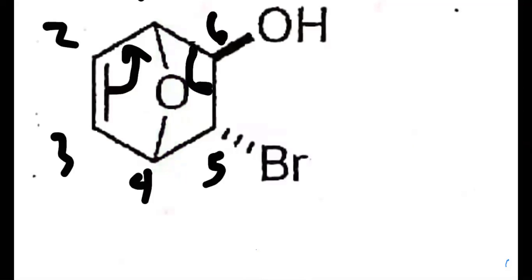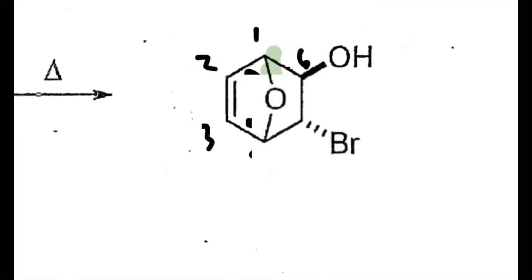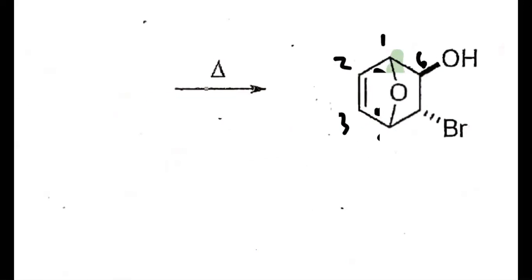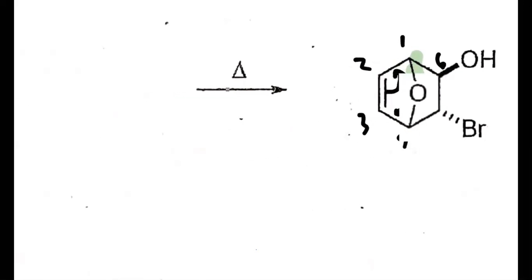Is that right? Yep. And I'm going to take this and put it here. Yes or no? Right. Keep in mind, I'm not touching these sigma bonds right here. So what would I get from that? You get your diene.